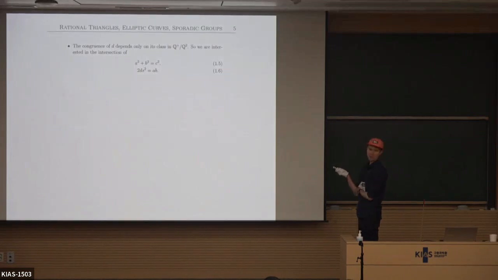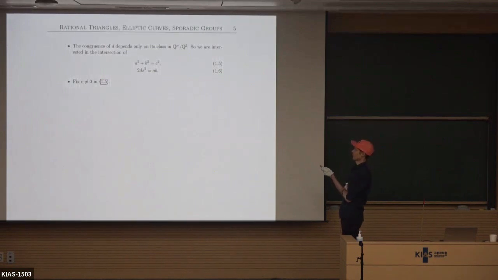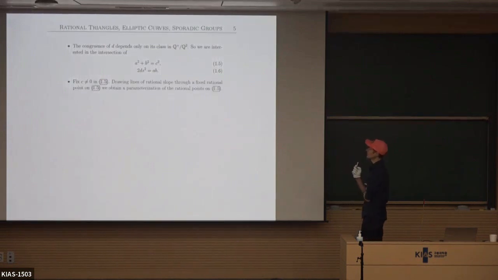We're interested in their intersection. And we're only interested in values of a, b, and c that are not 0. Okay. So fix c not equal to 0. All right, so now the first equation is the equation of a circle. For a fixed c, it's a circle of radius c.